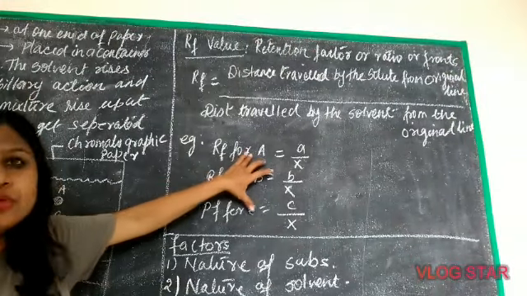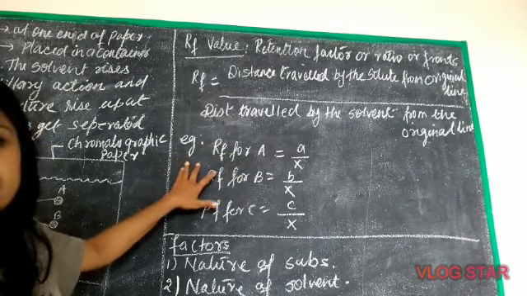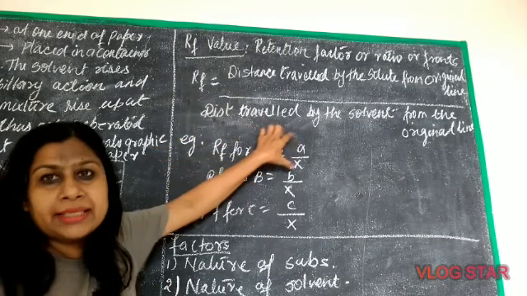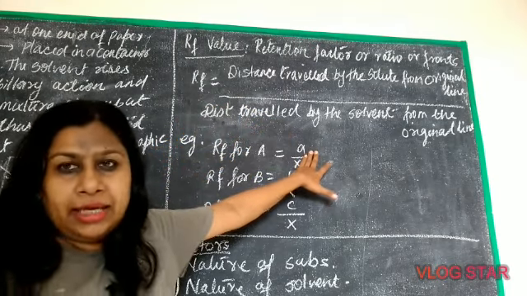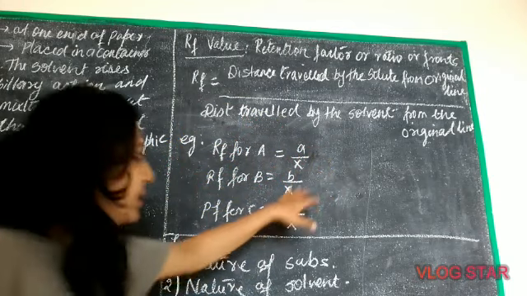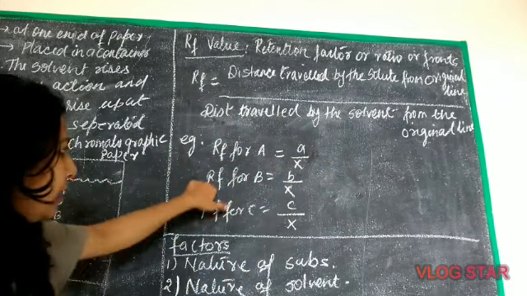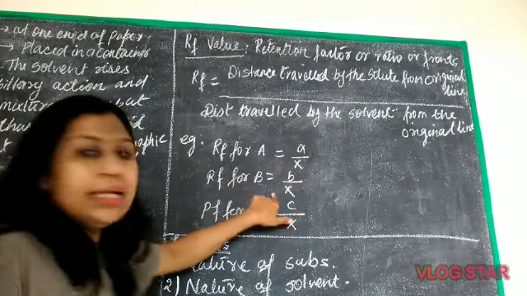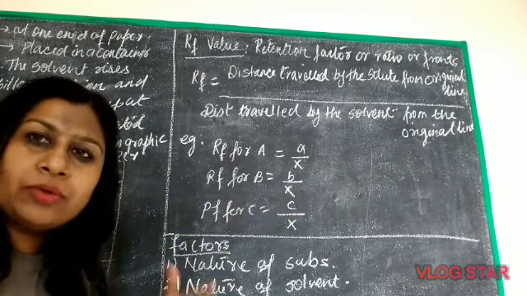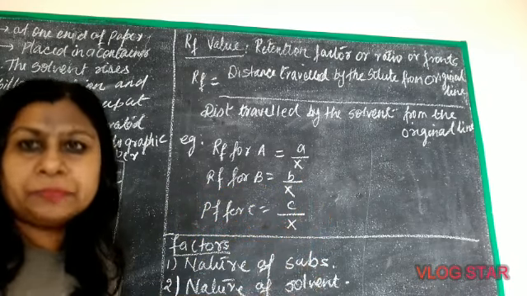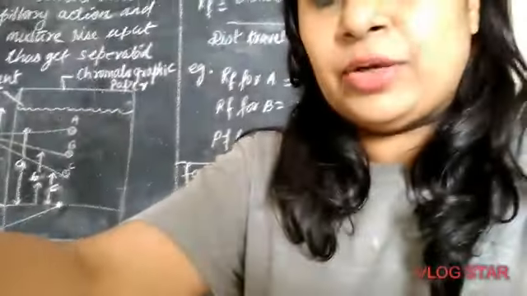If you need to take it out for each component, like component A, the RF will be A by X. A is the distance traveled by the A component upon the distance run by the solvent, that is taken as X. For B, RF will be distance traveled by B component upon the solvent run. Then for C, RF for C will be C by X. So this way you are going to find the retention factor or RF value.